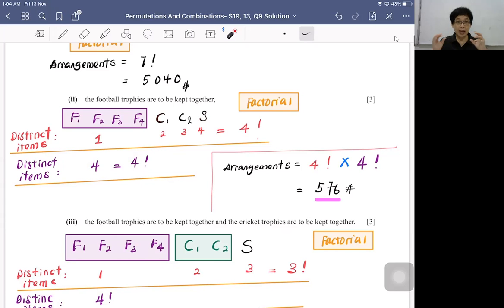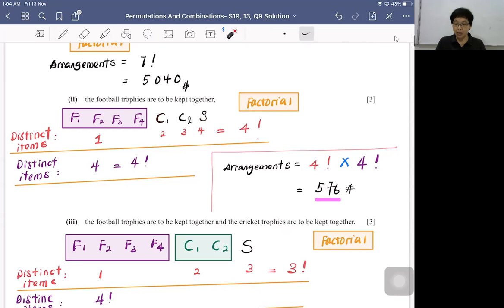Now, you have come to the end of calculating section 2. The total arrangement to arrange all football trophies kept together, with the other 3 trophies, you get by 4 factorial from this condition, and another 4 factorial when you juggle within the football trophies among themselves.